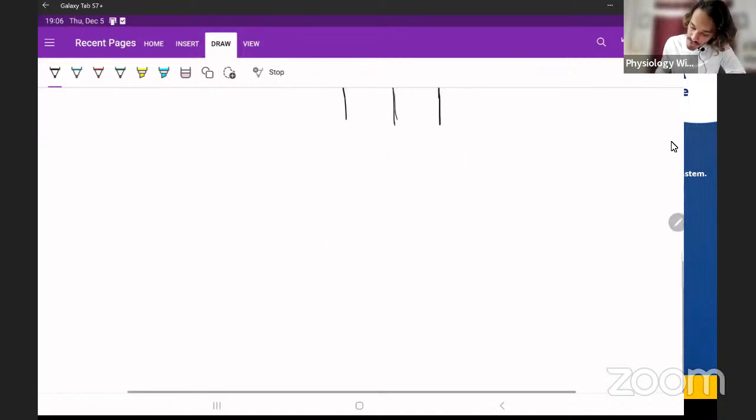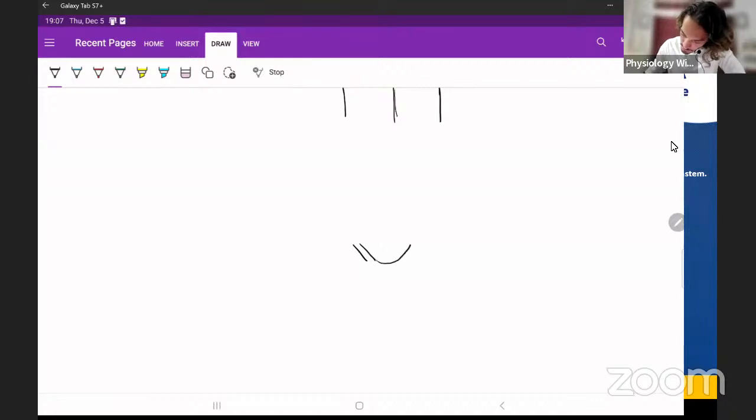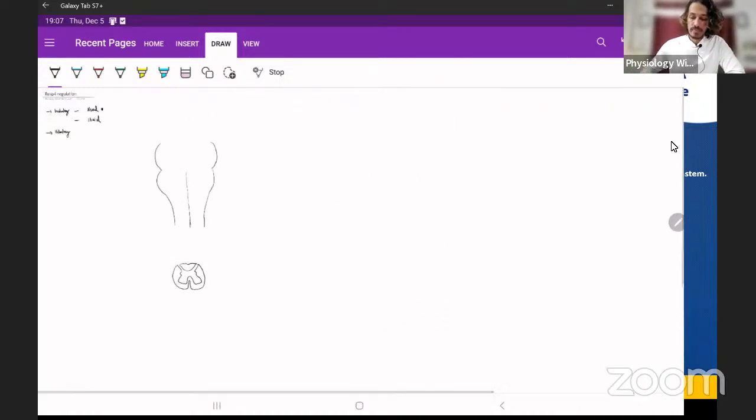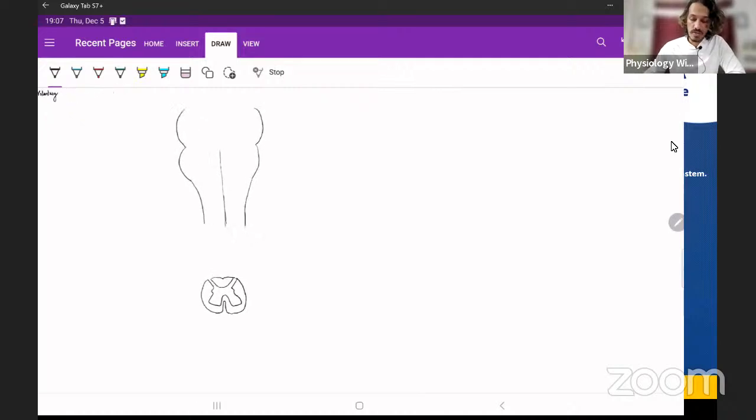And below that, we will draw the spinal cord. Okay, so this is the system that we are dealing with right now.